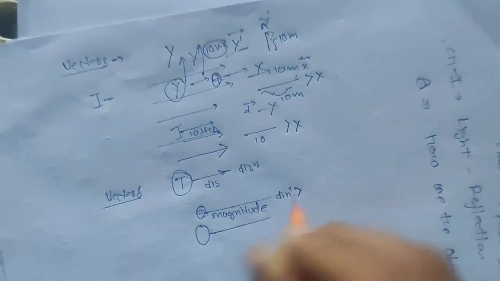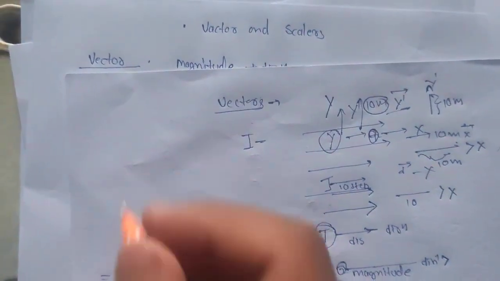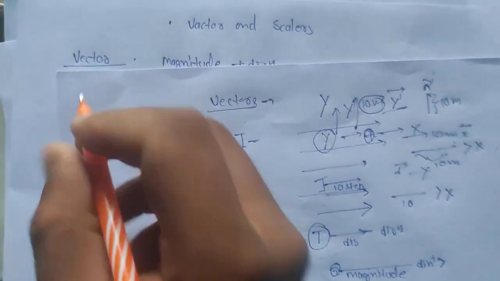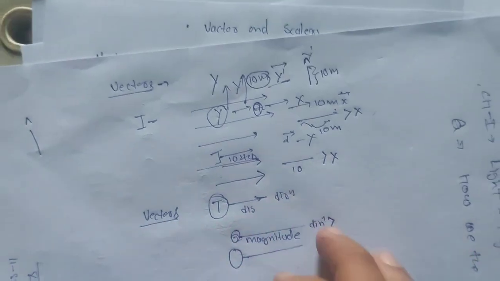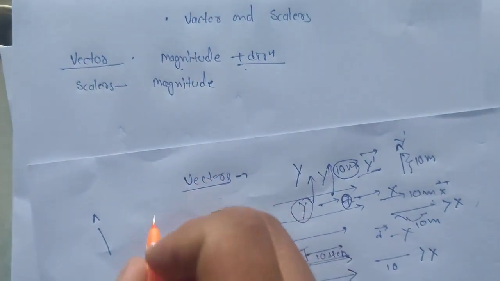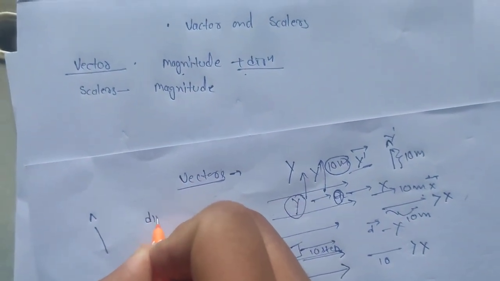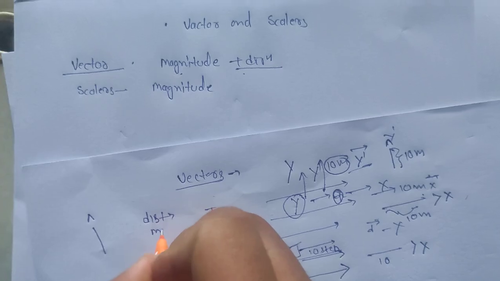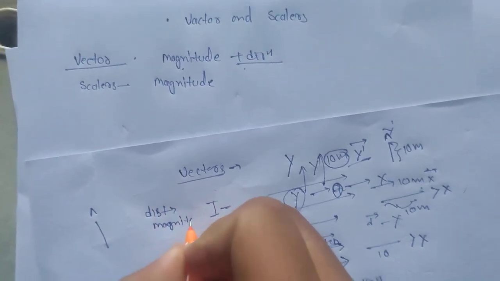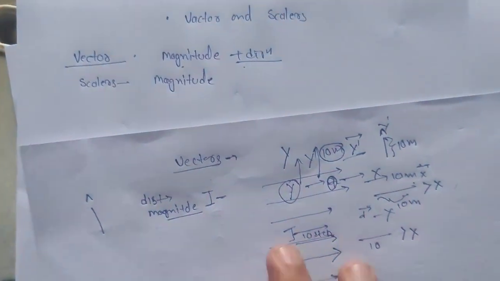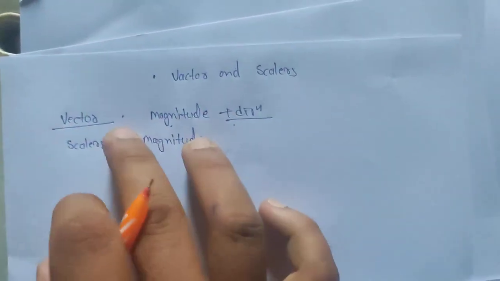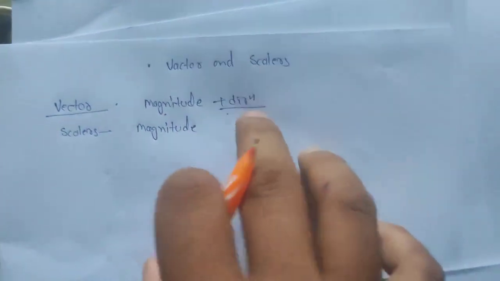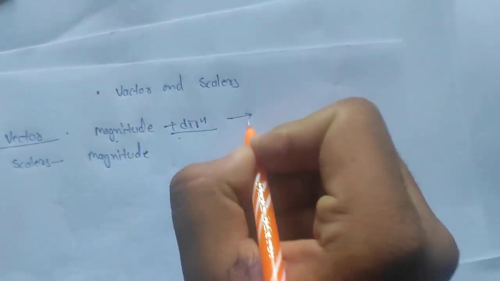For an intuitive picture, the arrow is for direction and the length is for distance. So the overall definition is that a thing which has magnitude as well as direction is called a vector, and is generally denoted by this arrow.